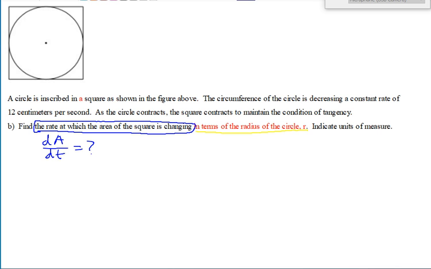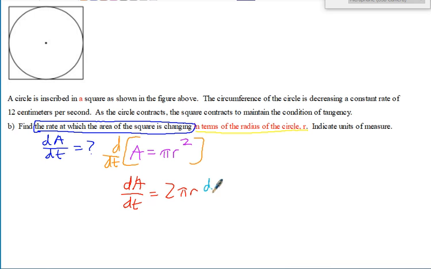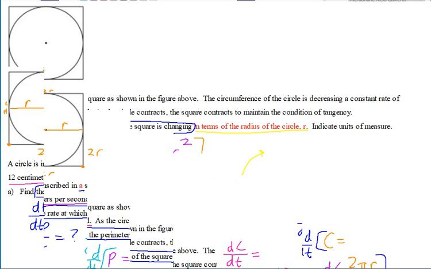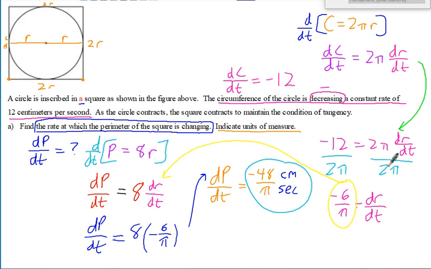Okay. All right, so because we already figured out some information in A, that's going to make part B a little easier. So we'll start off with the area of the circle formula. Area is pi r squared. And since we're looking for dA/dt, you would take the derivative of that with respect to time. So that would give you dA/dt equals 2 pi r and then dr/dt. Now, if we hadn't already done part A, we'd have to do the same process to find dr/dt using dc/dt to figure it out.